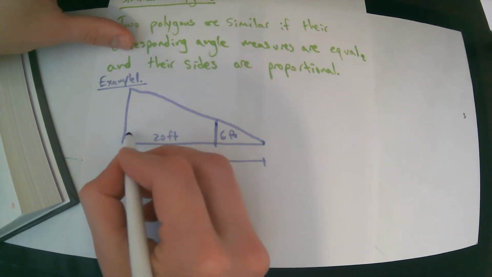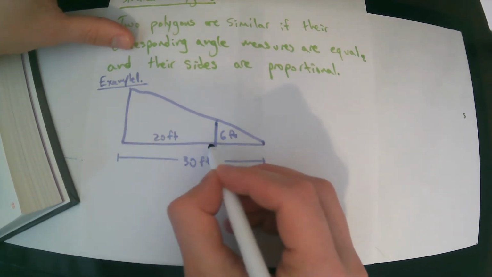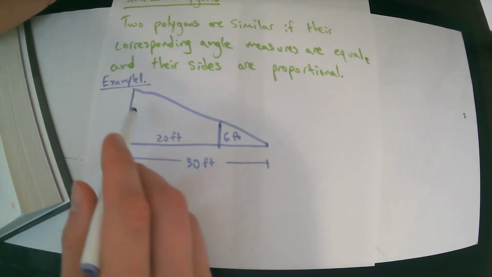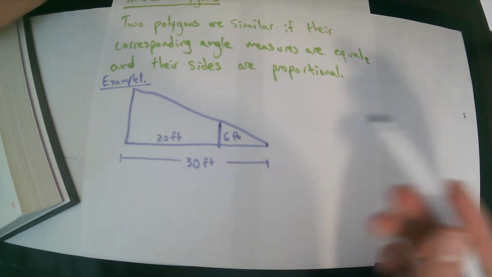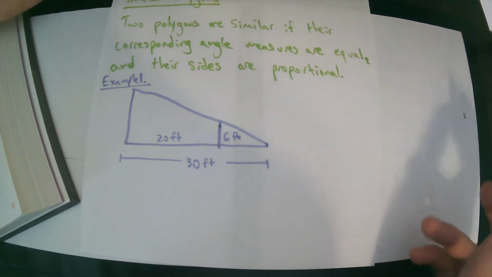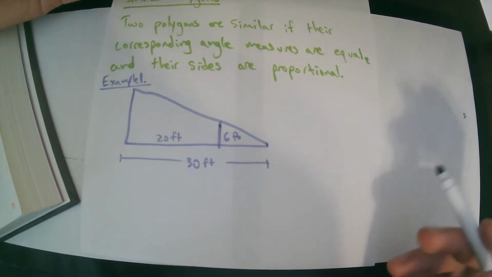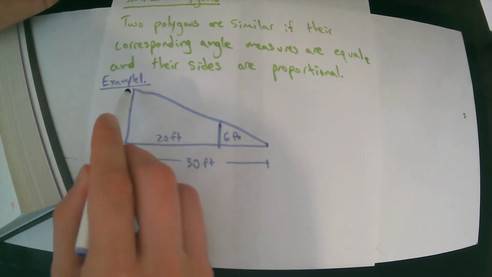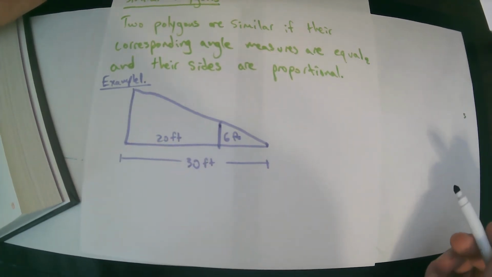They're also both right triangles, so these two angles are the same. And if those two angles correspond to the other two angles, then this one must also be the same, because of the way angles in a triangle behave. In other words, they add to 180, meaning this last angle in both of these triangles must be exactly the same.